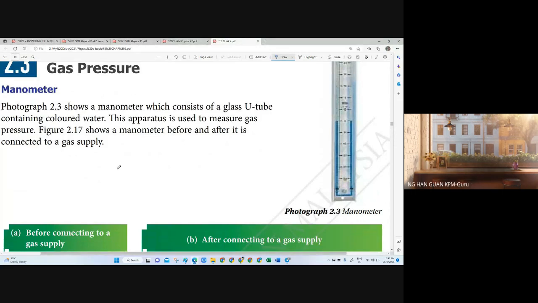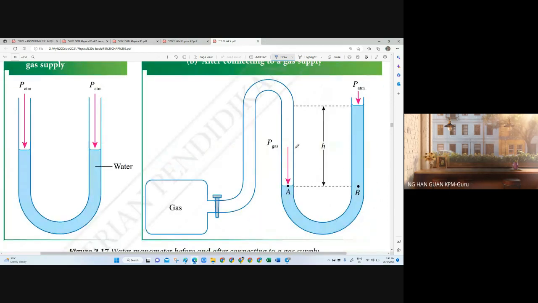So for the gas pressure, the manometer, as I explained just now, in this case you see the pressure at B is not only the pressure due to the water itself, the height of water also includes ATM. If I want to get this answer, pressure A is the same as pressure B, and I want to give the answer in units of length of water.